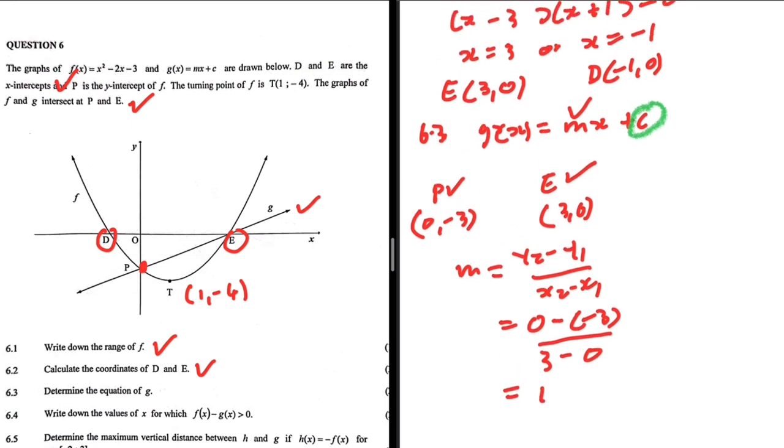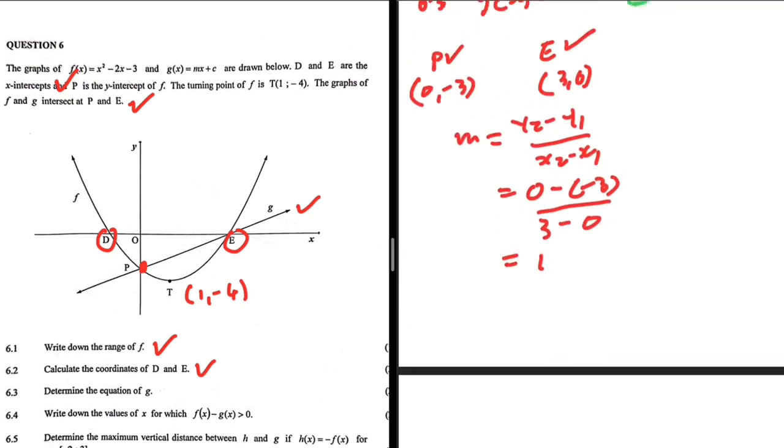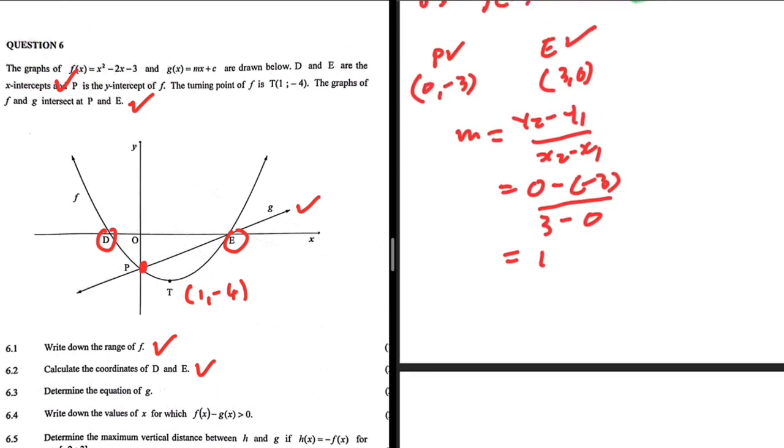So at this point, we know that g of x is equal to x plus c, because the gradient is 1. And now we can go ahead and substitute e or p.